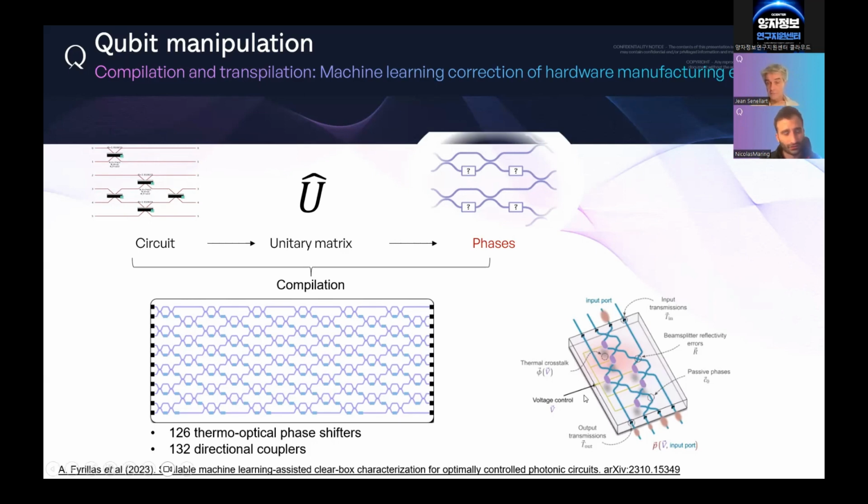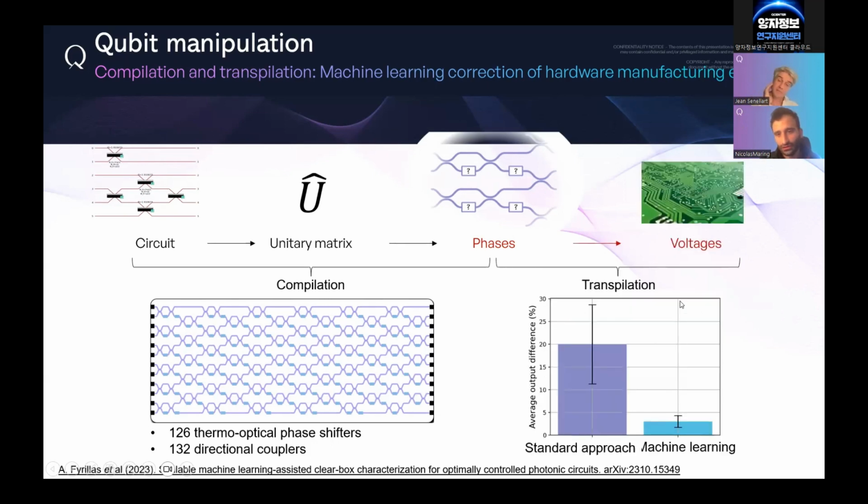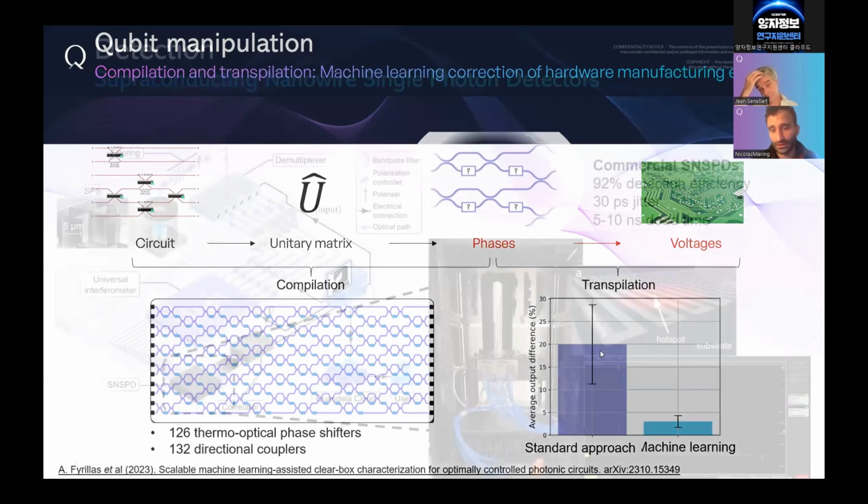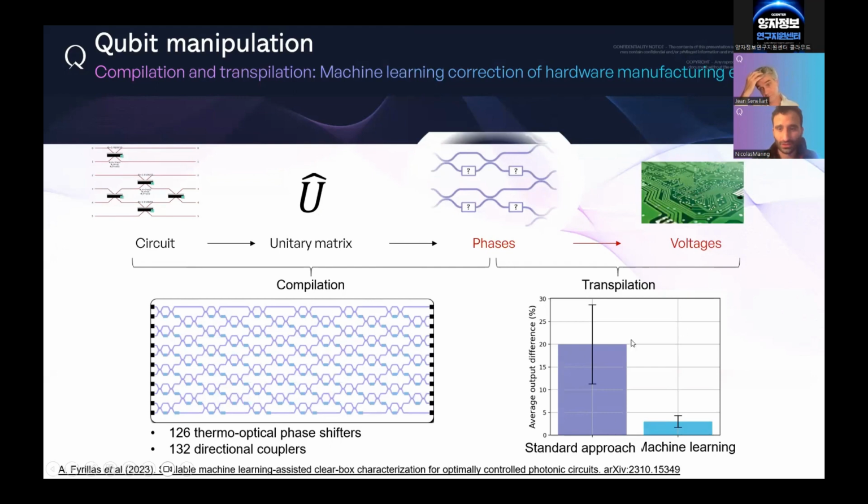So it gives a lot of crosstalk between the different phase shifters. We take this into account in the transpilation stage, where the mapping from phase to voltage is set, and the calibration was done using machine learning techniques with very high fidelities.